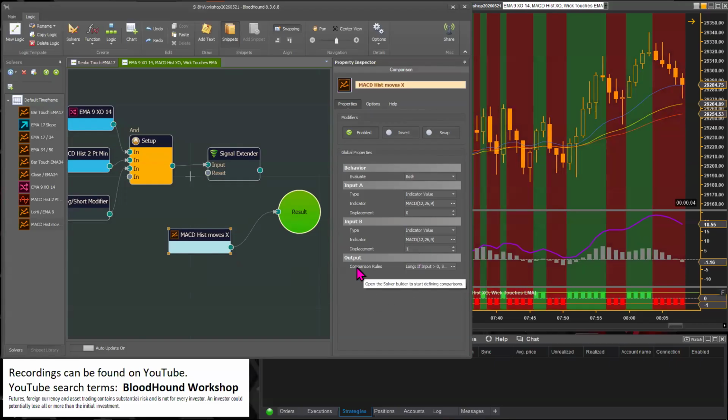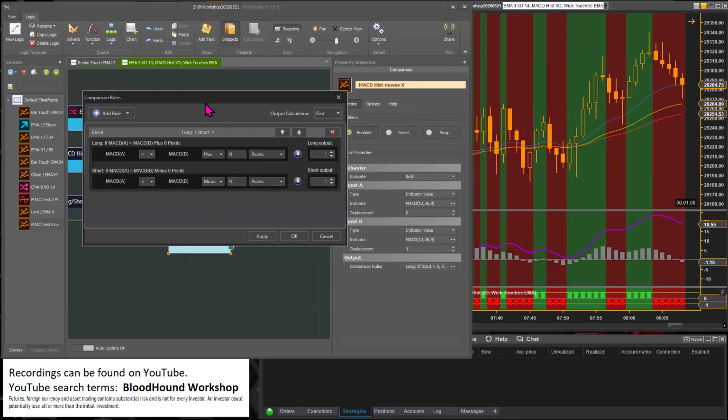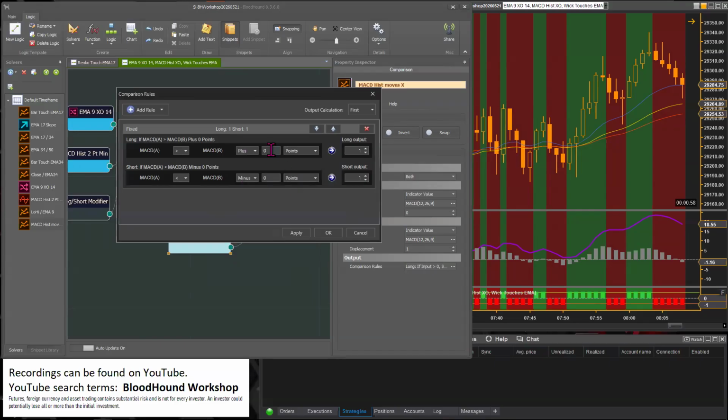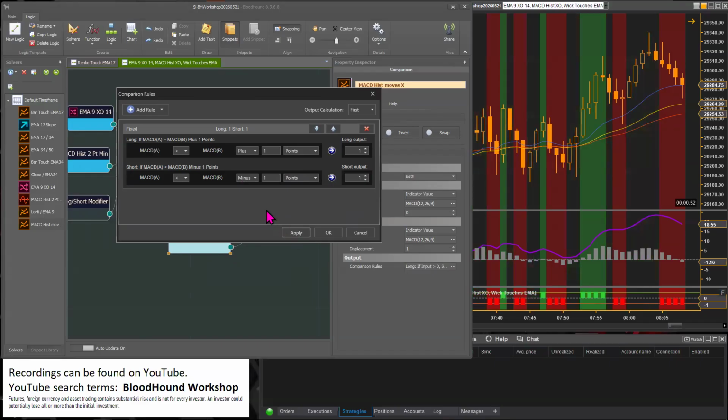Now, in the comparison rules, this is where we can specify how much of a movement we're looking for.